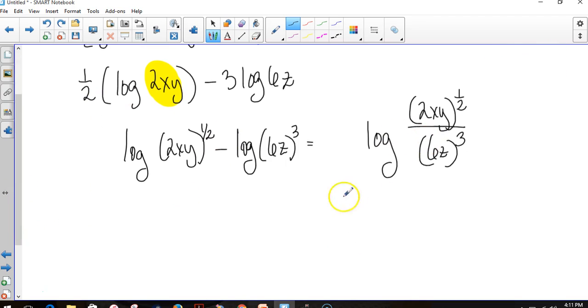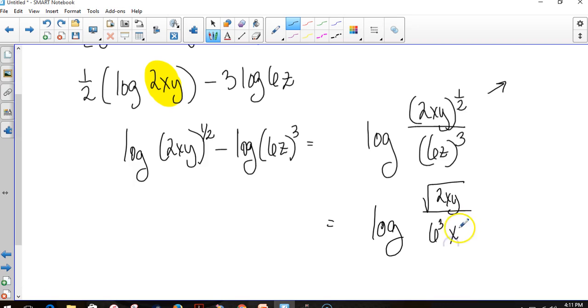But you may want to rewrite your exponents. When you have rational exponents, remember, that really means that you're dealing with a radical. And so that would look like the square root of 2xy. And 6z times 6z times 6z is going to be a 6 cubed times a z cubed.